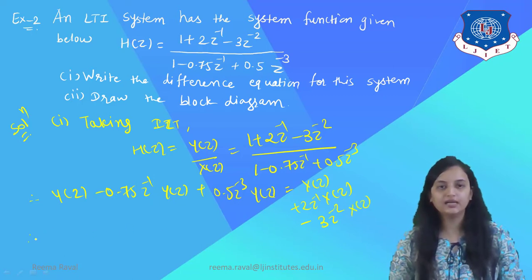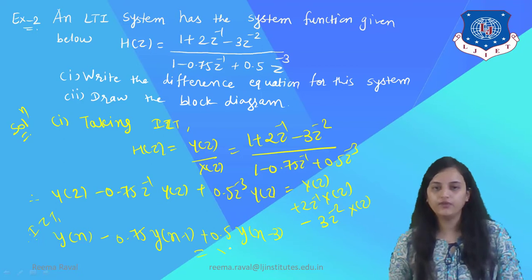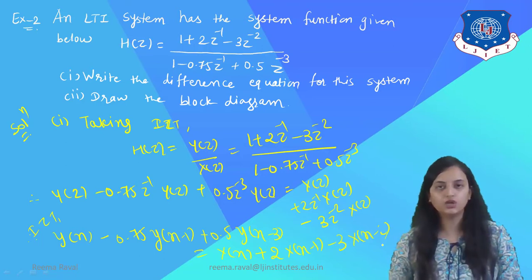So using the inverse z transform concept, I will write down over here y of n minus 0.75, as this indicates the delay element, so it will become y of n minus 1 plus 0.5 y of n minus 3, that is equal to x of n plus 2 x of n minus 1 minus 3 into x of n minus 2.